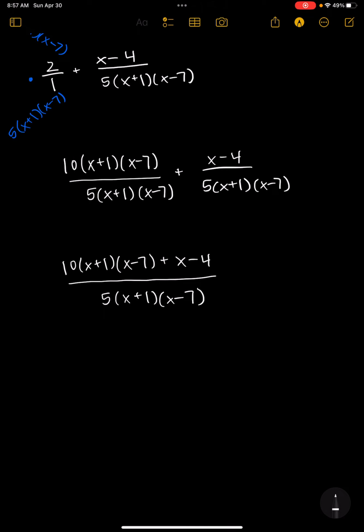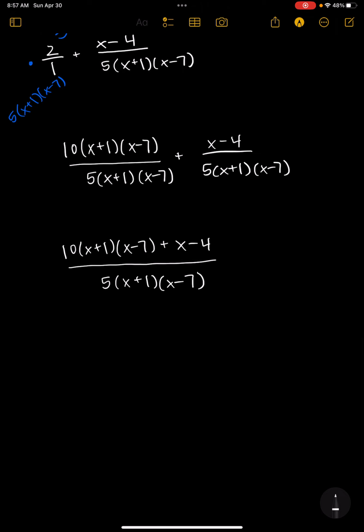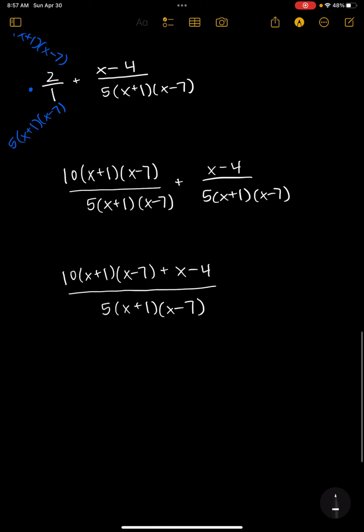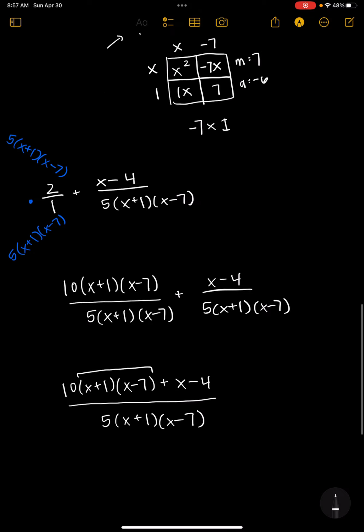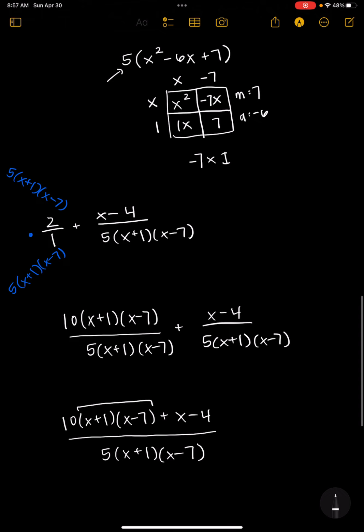Now we're going to simplify this. And you might hate me a little bit, because now we're going to take the top part, the 10 times x plus 1 times x minus 7, and FOIL that out, or multiply that out, just so we can combine like terms with the x minus 4. If I multiply these two chunks together, really what's going to happen is it's going to turn into this x squared minus 6x plus 7, because that's what it factored out to be.